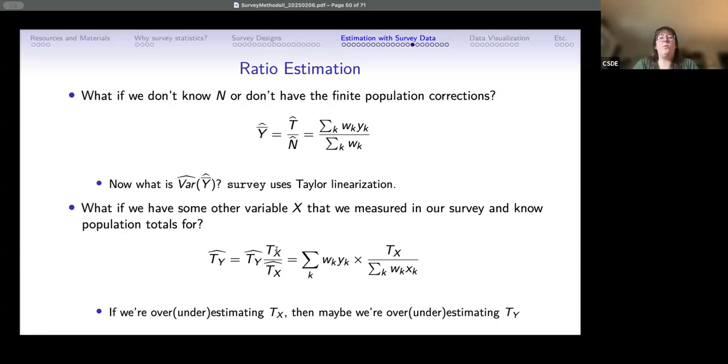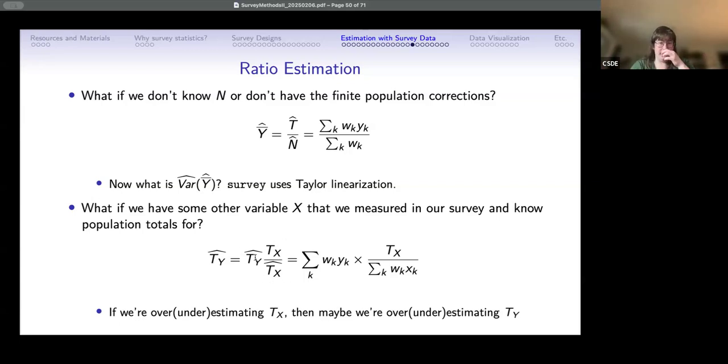Okay, so this might be something like population size, as we are talking about here, but it might also be something like maybe income, which we know, like total state income filed, right? That might be something that we can look up in a known aggregated number in some publicly available data source.